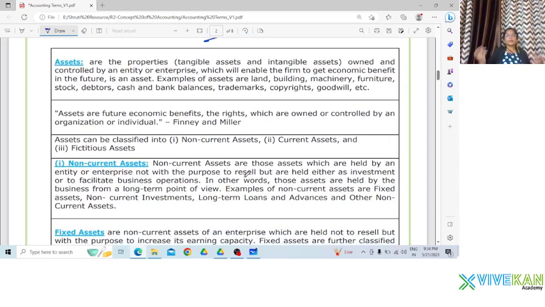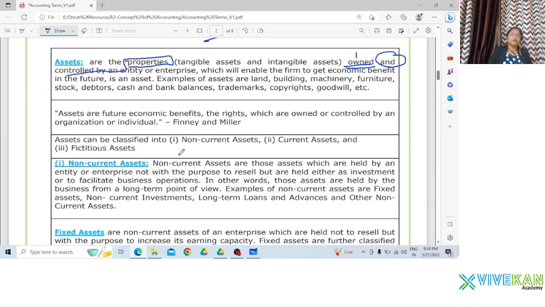Now what do you mean by assets? With an asset, you have to be very careful about the definition. There are two or three parameters. First of all, it's a property. You have to understand that you should be owning that first, and it is controlled by the entity.